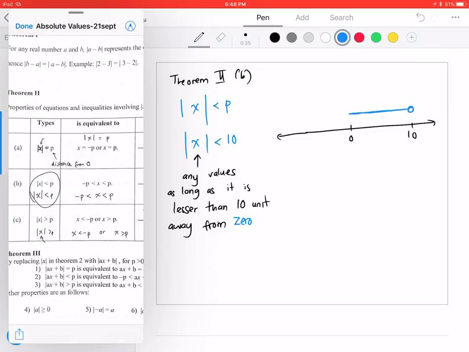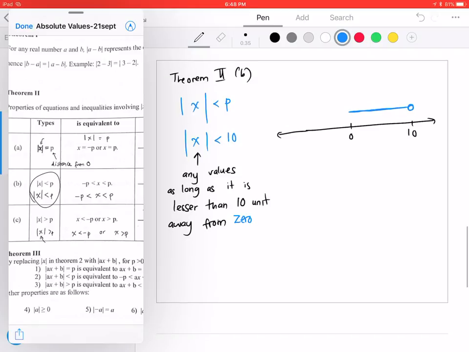But since this is a modulus operation now, the negative side must be considered as well. So the opposite of positive 10 is negative 10. So if you put negative 10 in this modulus sign, you will also get positive 10, right?